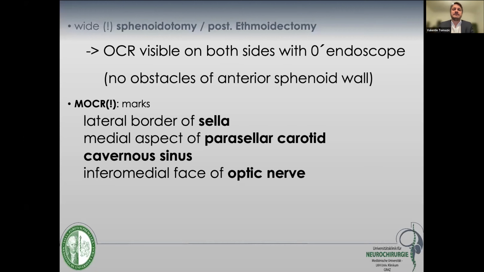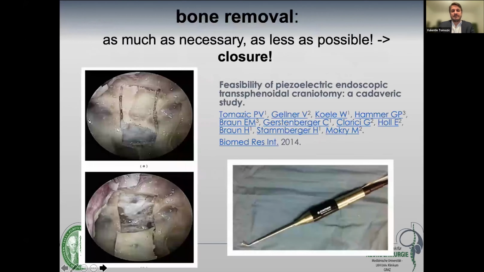But in a normal sphenoid sinus, you should be able to see these structures. Be aware of the medial opticocarotid recess, because it marks the lateral border of the sella, the medial aspect of the parasellar carotid and the cavernous sinus, and it is inferior medial to the optic nerve. So don't go lateral to that with cutting instruments, because then you may rupture these critical neurovascular structures.